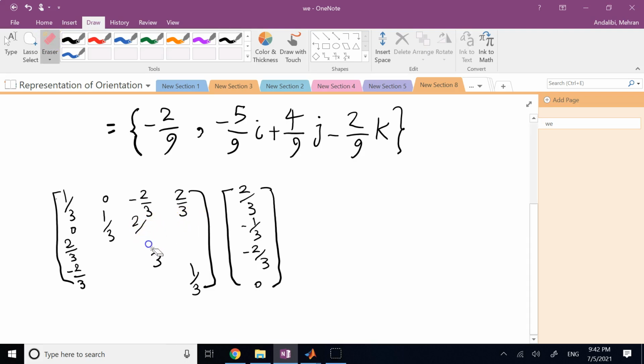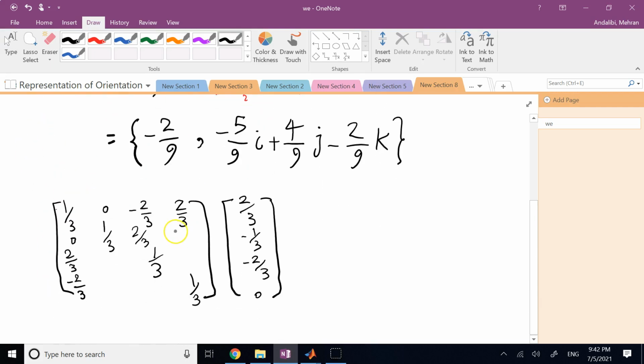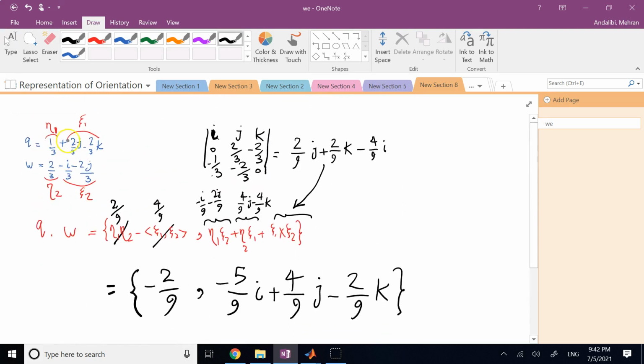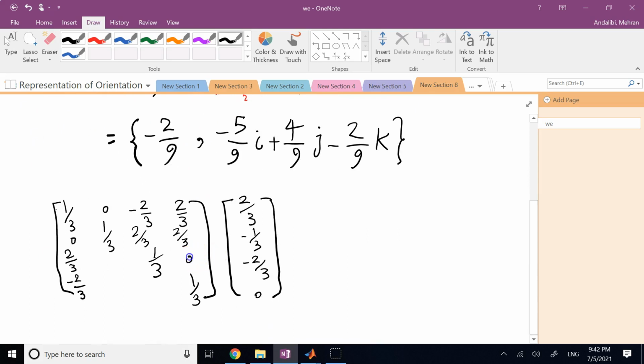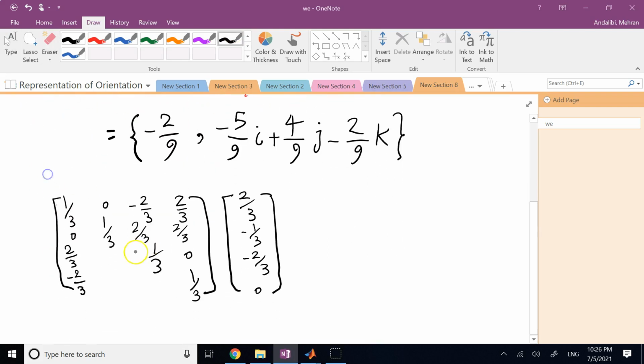This is positive Q2, and Q2 is positive 2/3 also. And this is negative of Q1, and there is no Q1, so that's 0. Okay, so now that we got these guys, the rest of it is basically the mirror image with respect to the main diagonal, right?